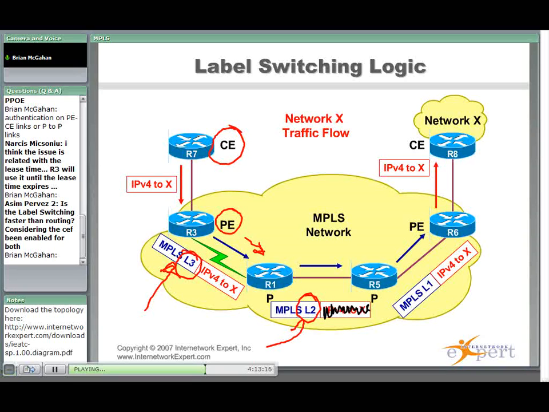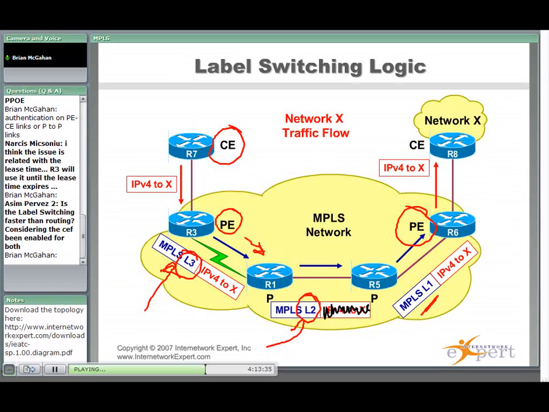Router 1 looks at its forwarding information base and says, if it came in from router 3 with a label of L3, change the label to L2 and send it out to router 5.